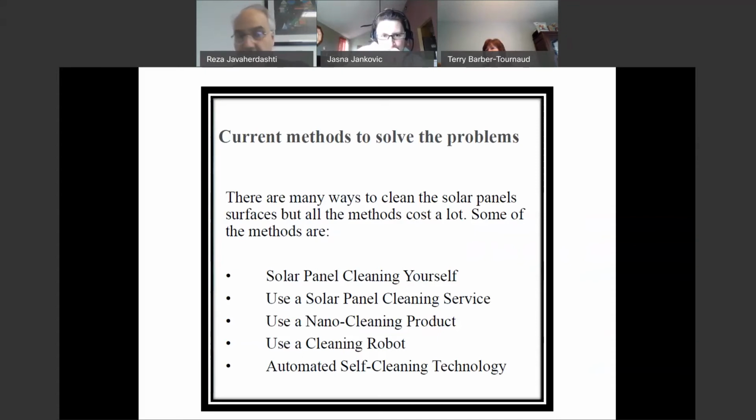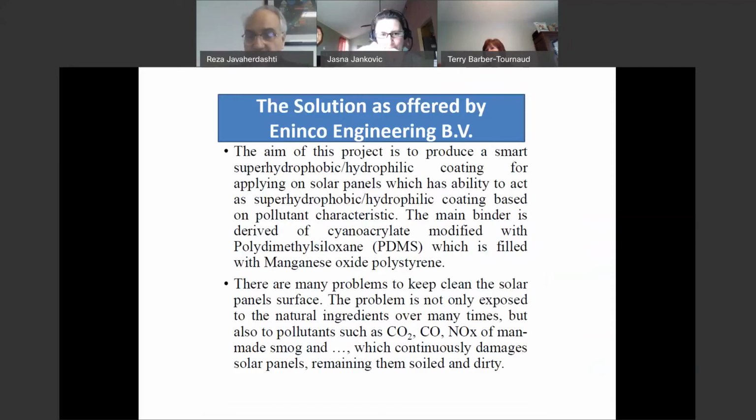Our solution is a self-cleaning, smart, super hydrophobic hydrophilic coating. In this coating, the main binder is derived of cyanoacrylate modified with PDMS, and then it is filled with manganese oxide polystyrene.